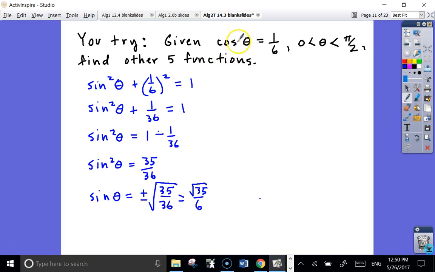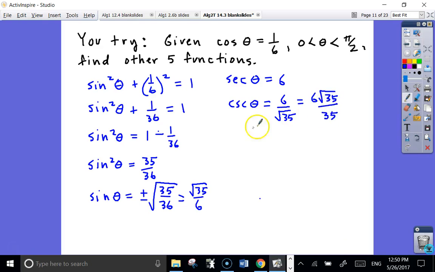Okay, so then we can go through and do the others. We have the cosine, so the secant is the flip of that. That would be 6. The cosecant is 6 over the square root of 35, but I would have to rationalize the denominator. The tangent should be the sine over the cosine.